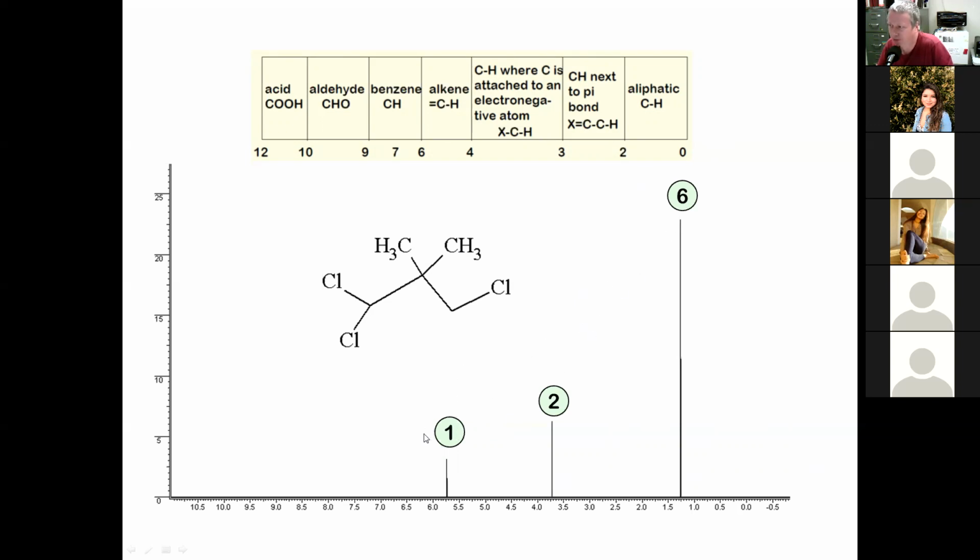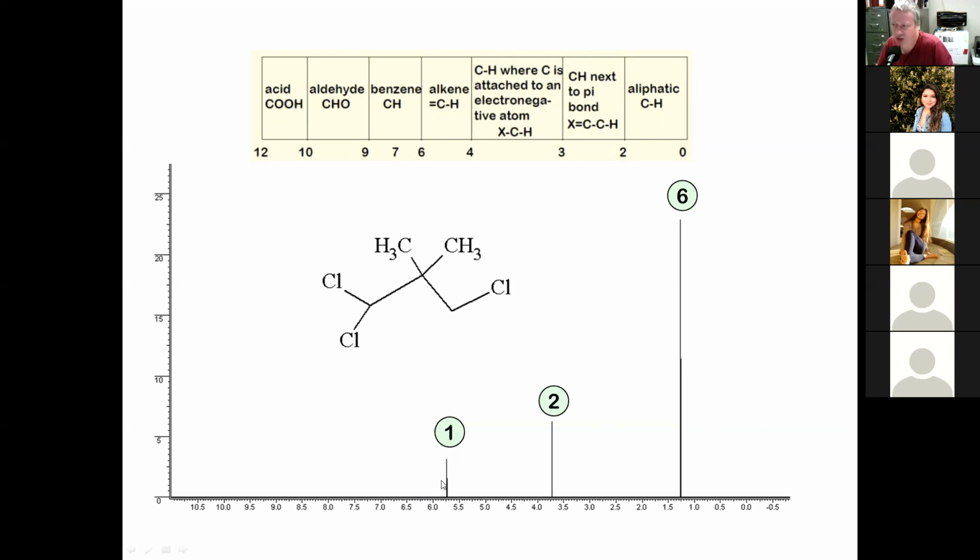What's the 1? Maybe it's the only CH in the molecule. What's the 2? Maybe it's the only CH2 in the molecule. And the 6 is the 2 CH3s in the molecule. So the integration tells us, but what about the chemical shift? Does this make sense?